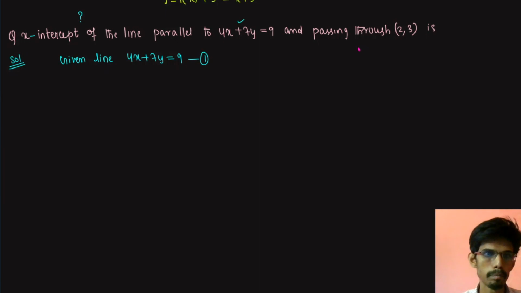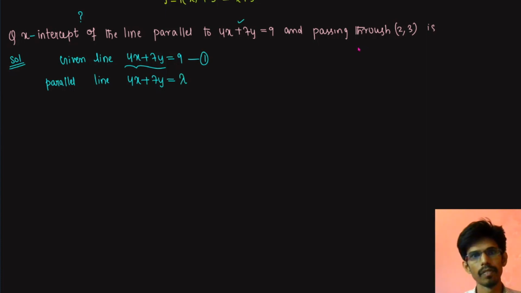Now the parallel line to equation 1 will be the same for this much part. This will be 4x plus 7y equals some constant, let us take lambda, which is equation 2, the required equation which is parallel.